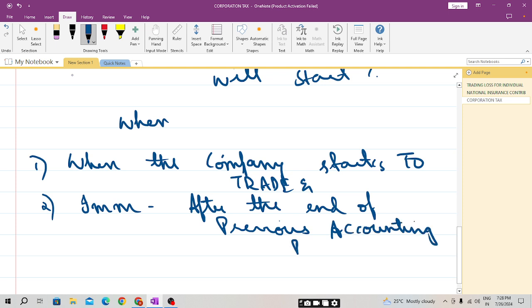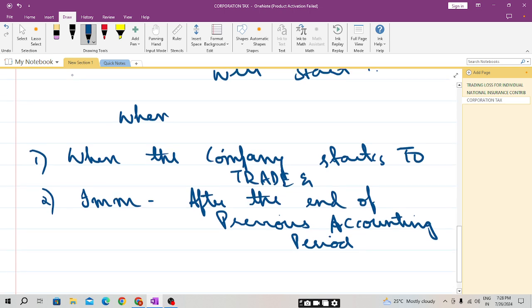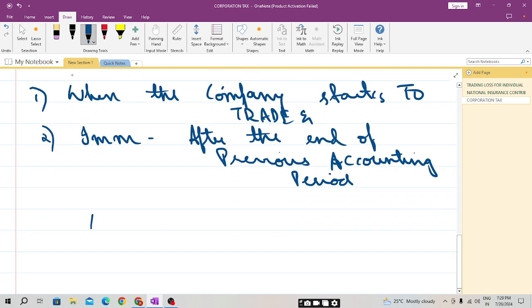Students, I hope this point is clear, that the company's accounting period will start when the company starts to trade or after the end of the previous accounting period.